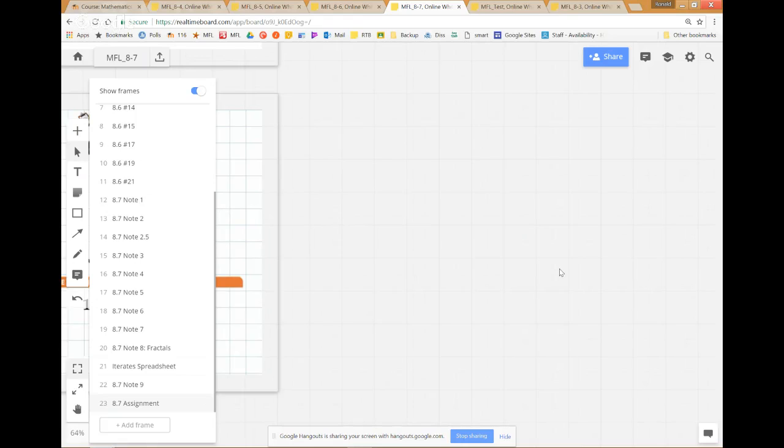Yeah. Okay, 10, start with a square, developing a fractal by replacing each side. All right. So, okay, we start with a square.